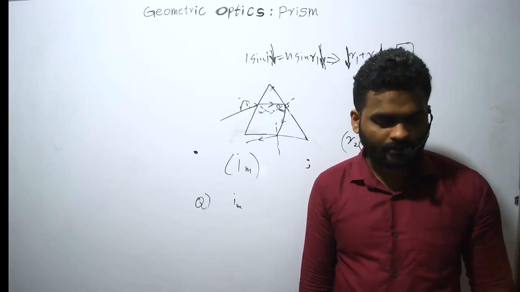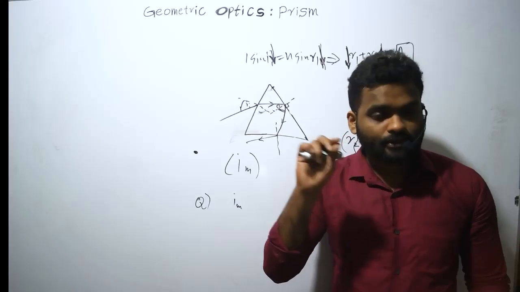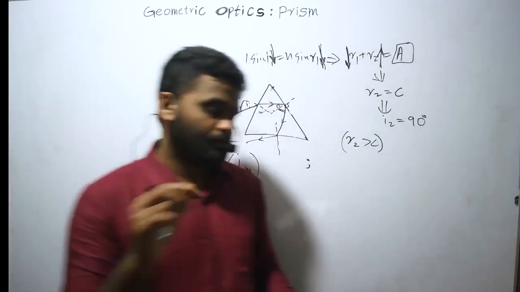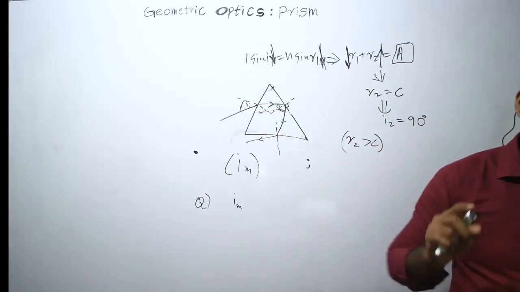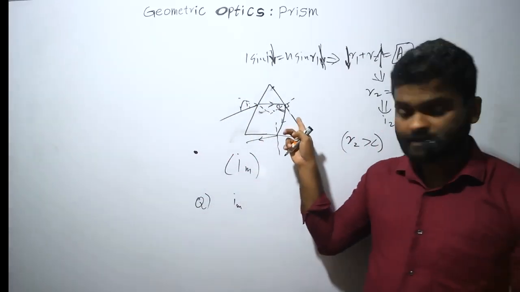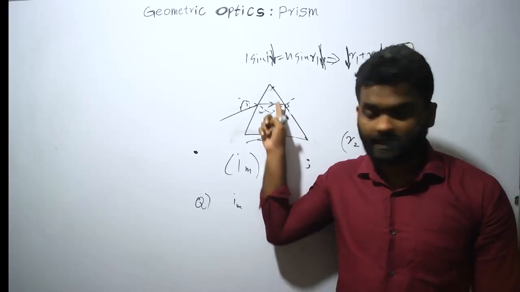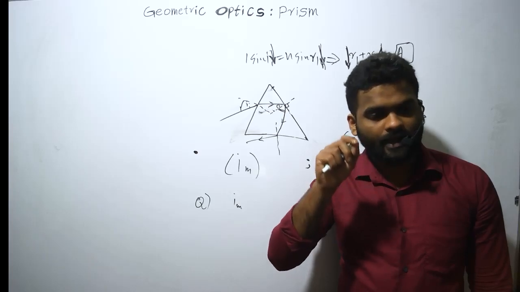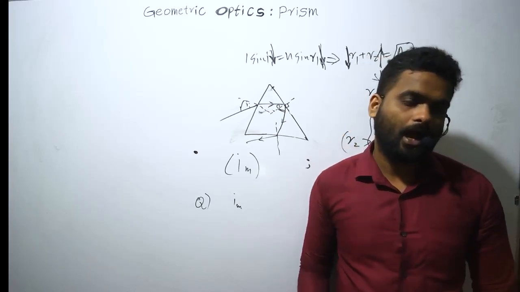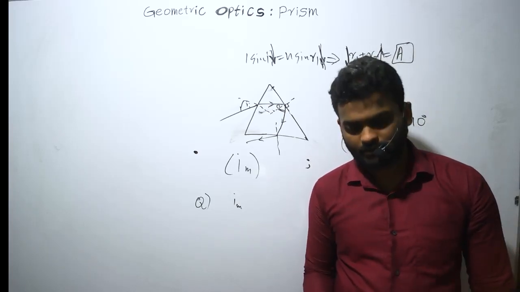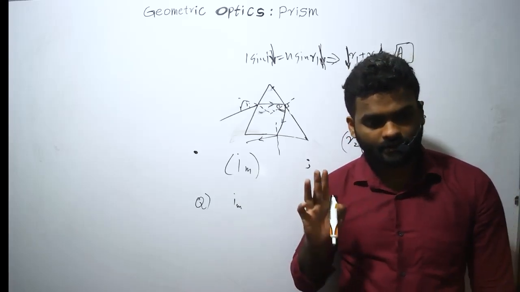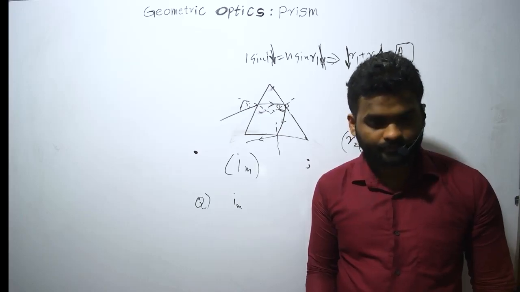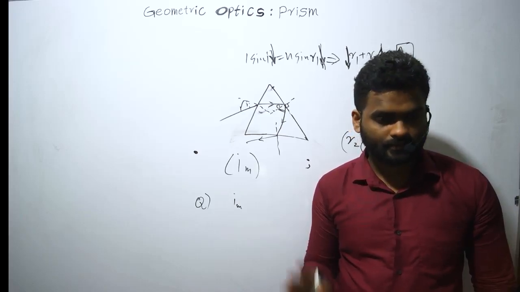Write down: this shows, to emerge the ray from the second refracting surface, I1 has a minimum value, within brackets Im. Done, right?